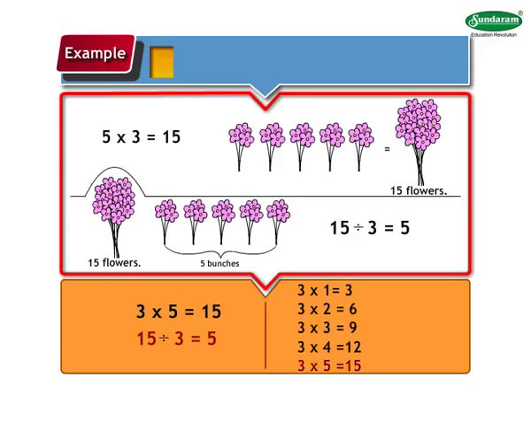We come across 3 fives are 15. Thus we get 15 divided by 3 is equal to 5.